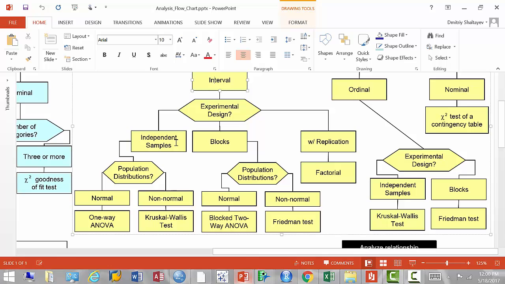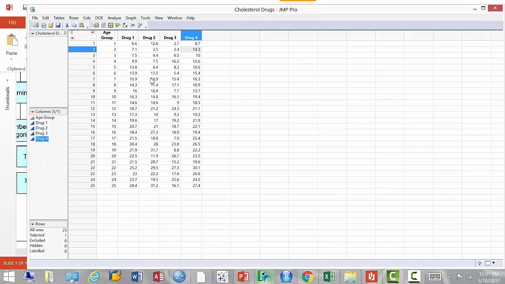Experimental design. Do I have independent samples or blocks with replications? Well, let me tell you what's with replications. With replication means that I perform the measurement again and again for the same combination of age and drug. Okay? So in my case, I didn't have any replication because, look at that. This line, number 1, corresponds to a certain age and weight.